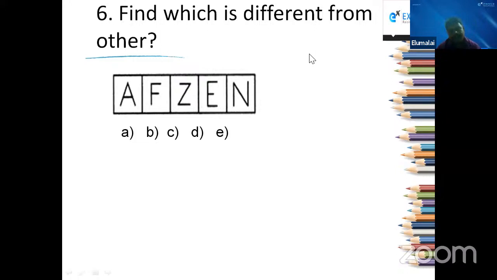Right. Can you post the reason? Why is it the correct answer? Why do you select this answer? Can you post the reason? Very good.